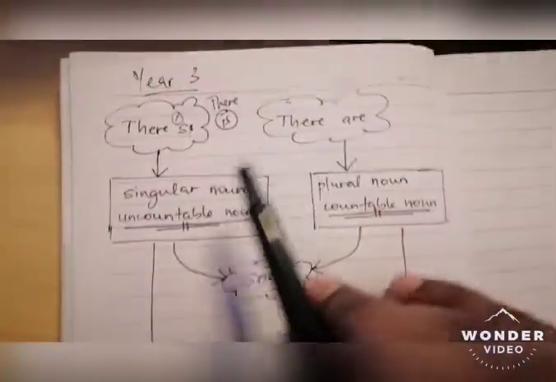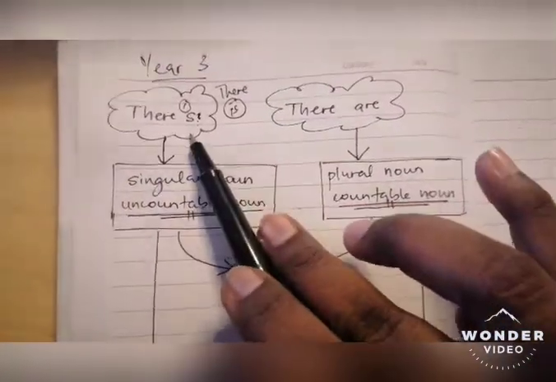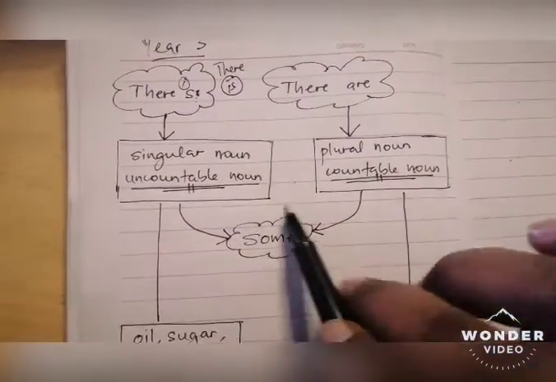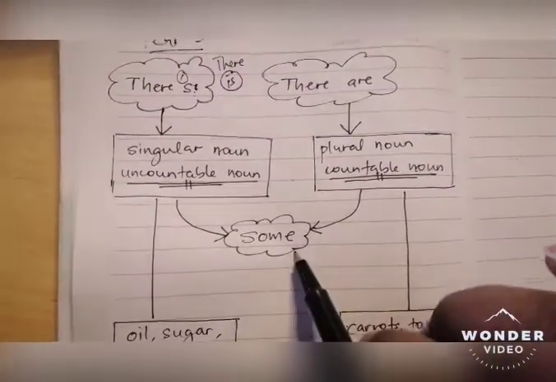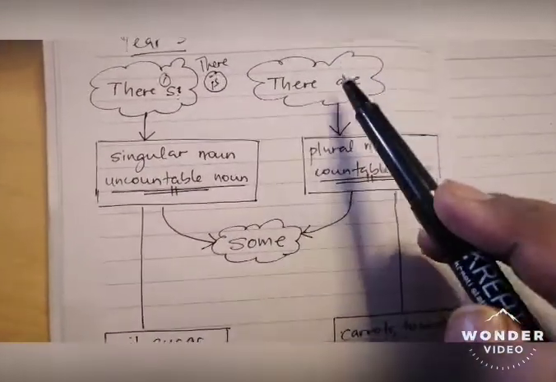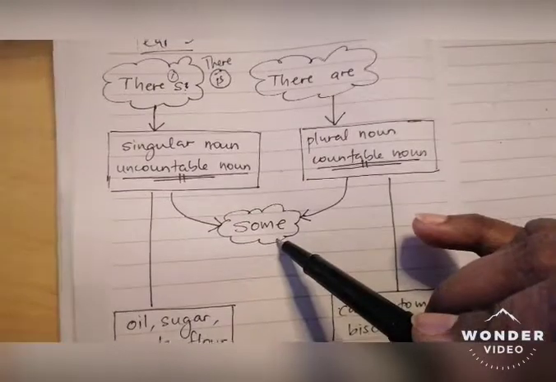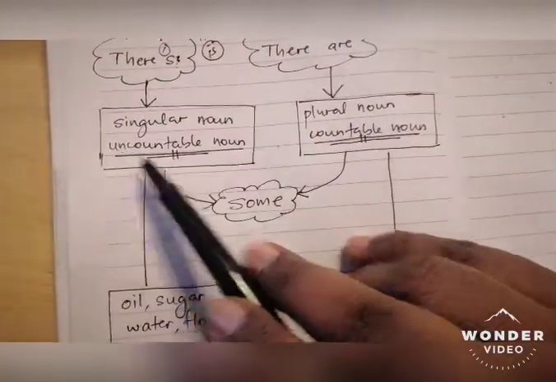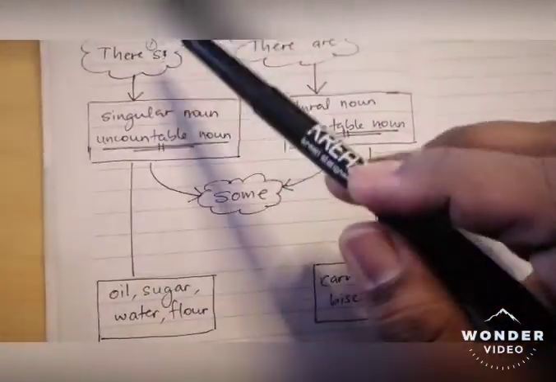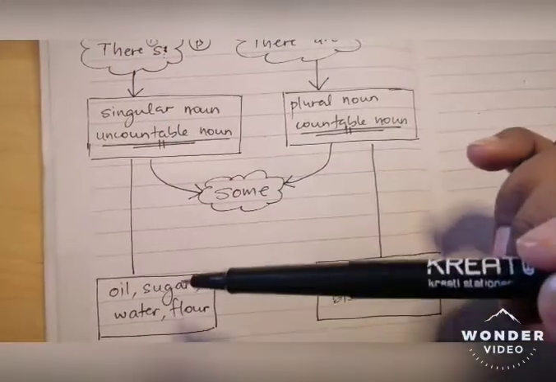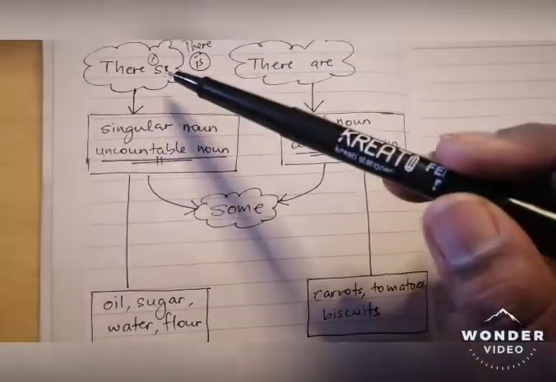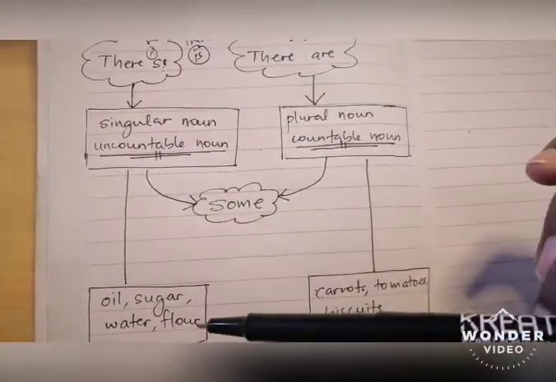For both forms, there's and there are, you can use the word some. This is a modal word, some. So when you want to use it for singular or uncountable nouns: there's some oil, there's some sugar, there's some water, there's some flour.